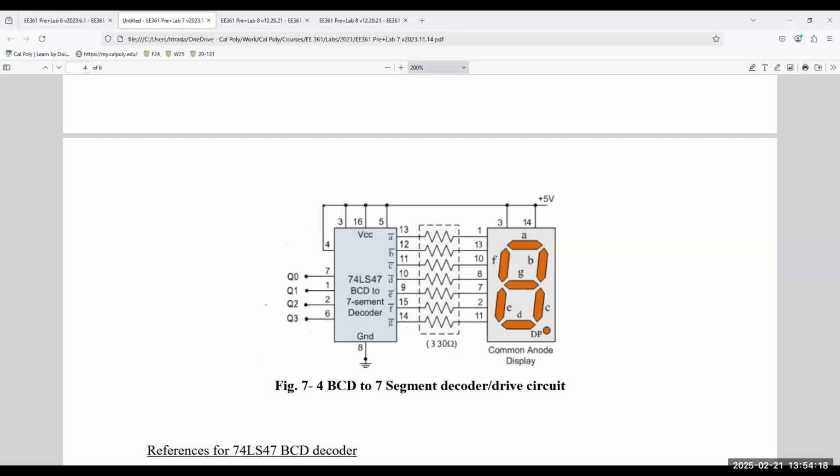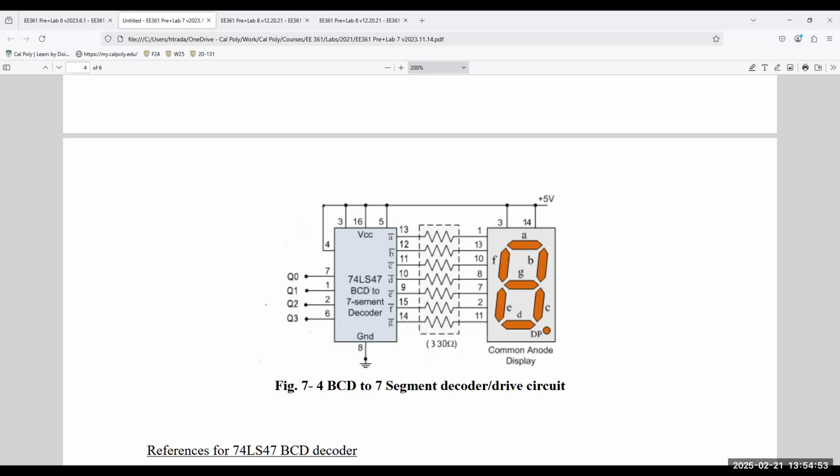A 4-bit counter goes from 0, 1, 2, 3, 4, 5, 6, 7, and then 8 and 9 require 4 bits. If you're counting up to 7, you only need 8 possible states. So if you want decimal, you need 4 bits. If you did 4 bits, it goes from 0, 0, 0, 0 to 1, 1, 1, 1. A BCD, binary coded decimal system, will take the 10th position and reset to 0.